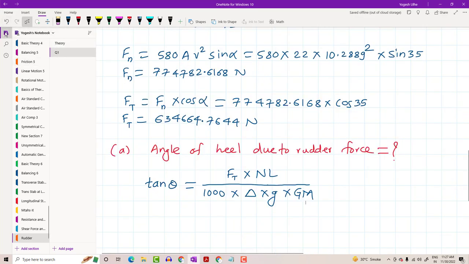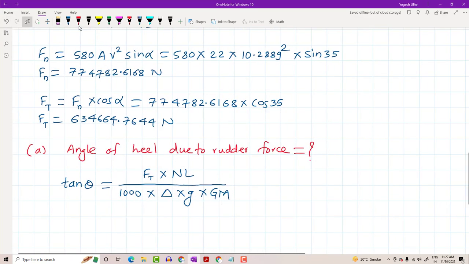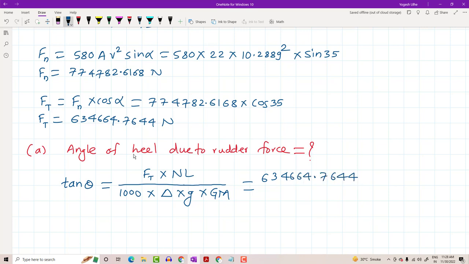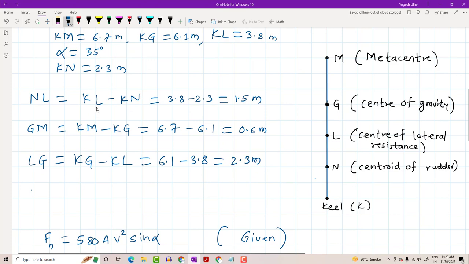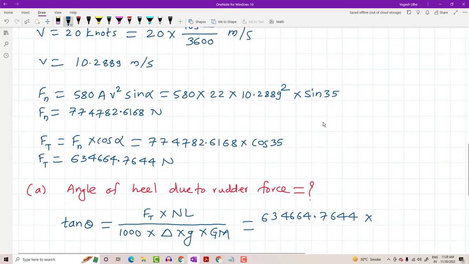So now I am going to put all the values here. How much Ft do we have, guys? 63,466.4.7644. NL we calculated earlier, 1.5 meter.